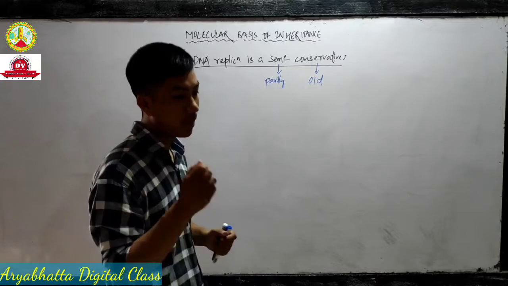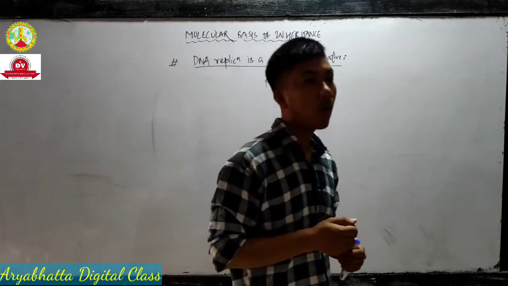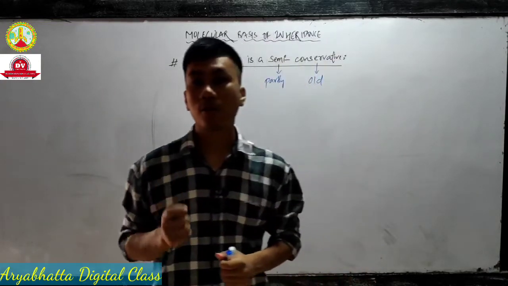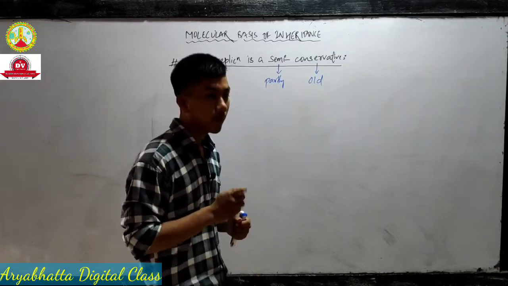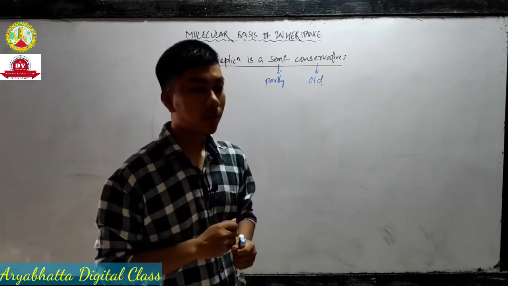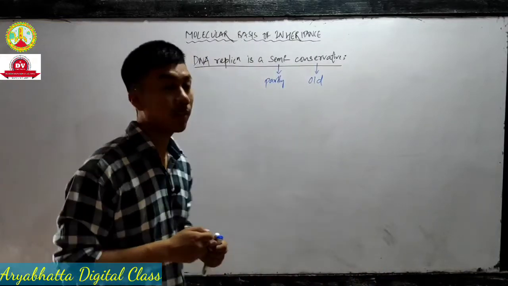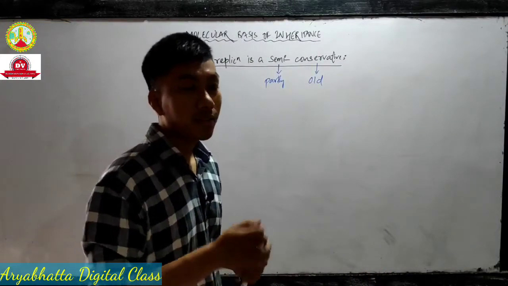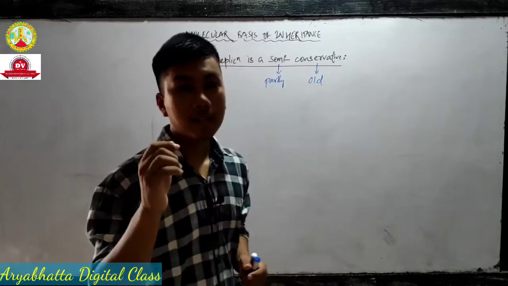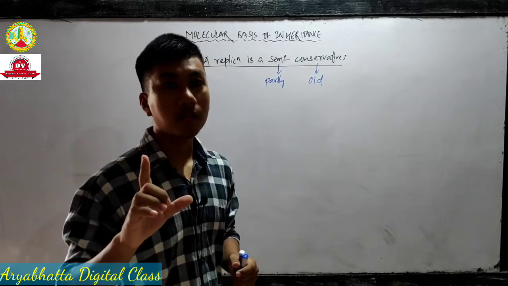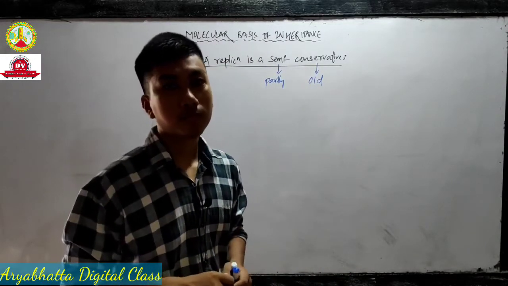That's why DNA replication is called semi-conservative. Understood? Semi-conservative means the new strand which was synthesized is made from the old strand, and that strand is partly from the original one.